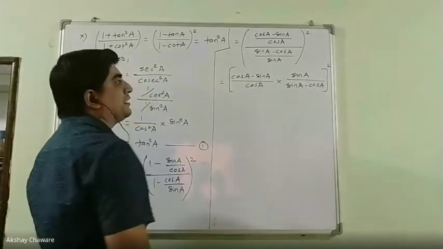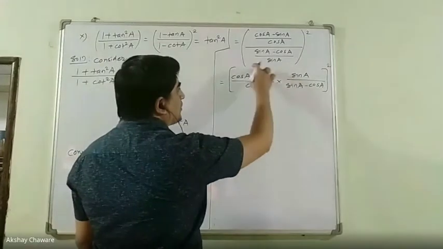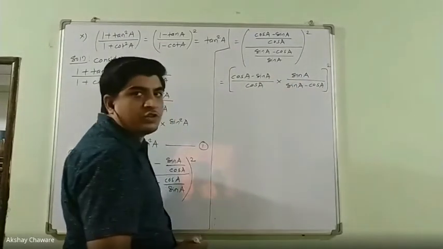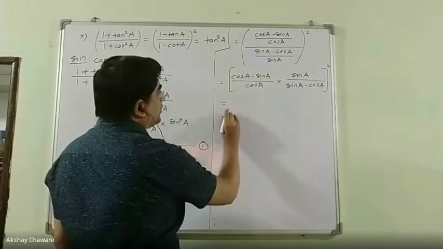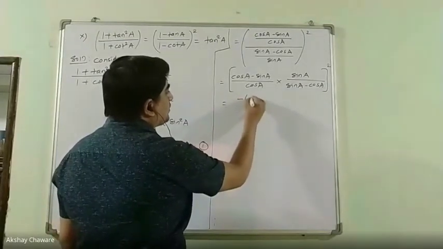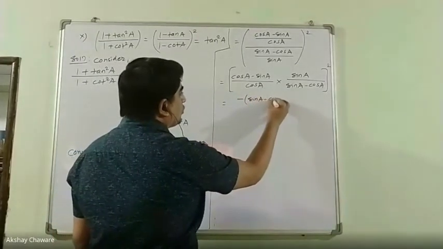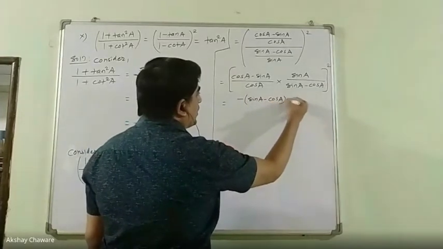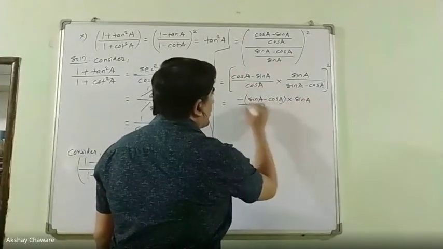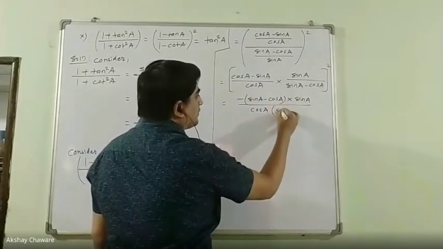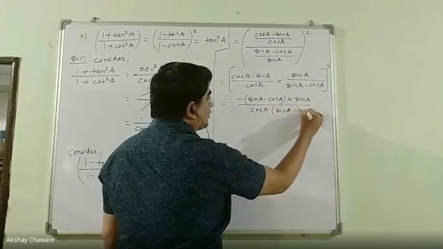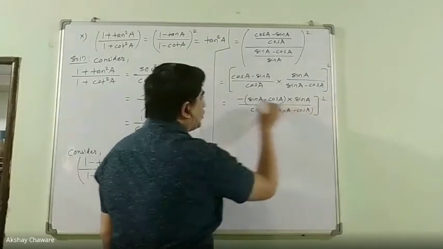Now you can see that these two terms are equal, but subtraction is not commutative, so we will take the minus sign as common. So minus of (sine A minus cos A) into sine A upon cos A, and in the bracket sine A minus cos A, this complete whole square.